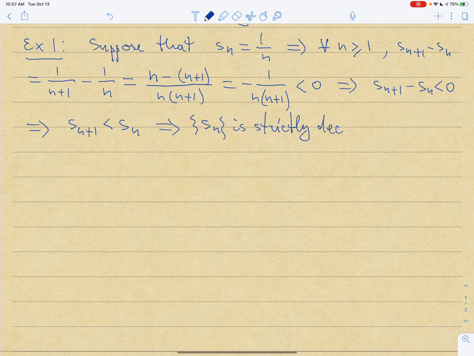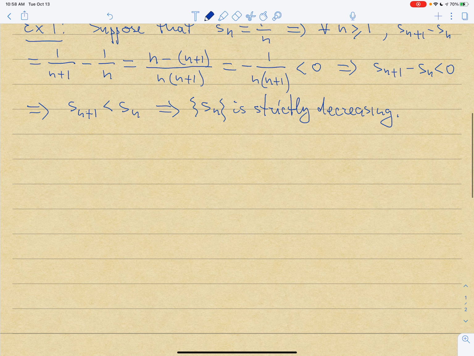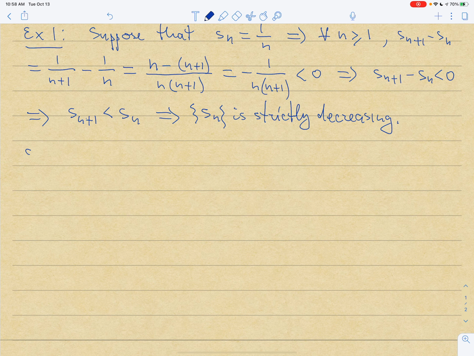And of course, because it is decreasing, the sequence Sn is monotone. Example number 2. Now let's suppose that Sn is equal to n squared.